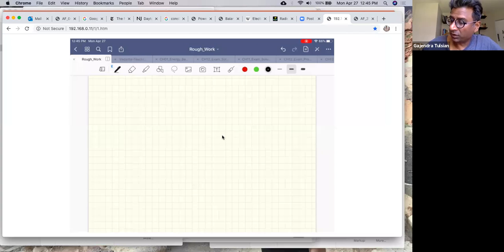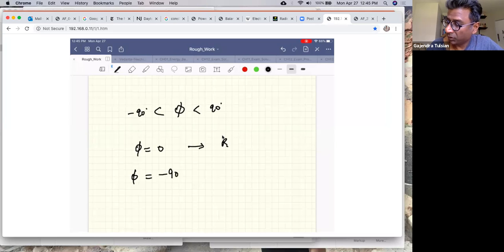So what we're saying is for that circuit, the phase shift phi varies between plus 90 degrees and minus 90 degrees. When phi is 0, it's a purely resistive circuit. When phi is minus 90, it's a purely capacitive circuit. And when phi is plus 90 degrees, it's a purely inductive circuit.